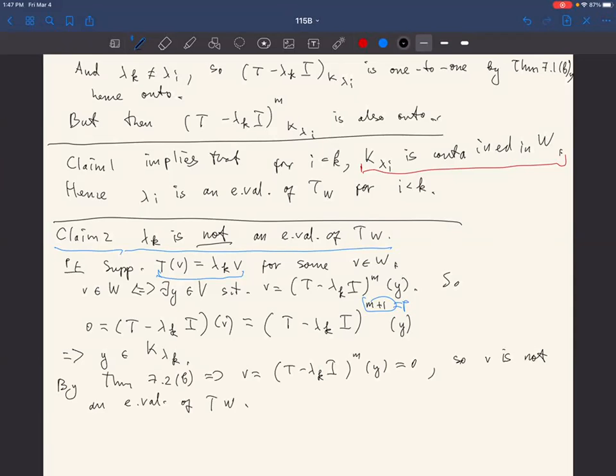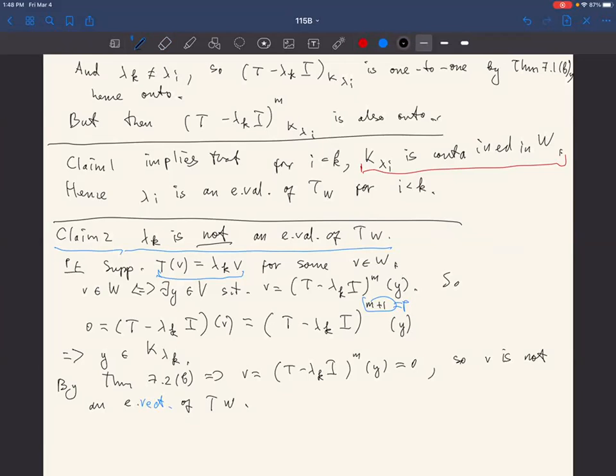So this concludes the proof of claim 2. Sorry, not eigenvalue, it makes no sense. Eigenvector. What I mean to say is that V is not an eigenvector of TW. So this gives us claim 2.